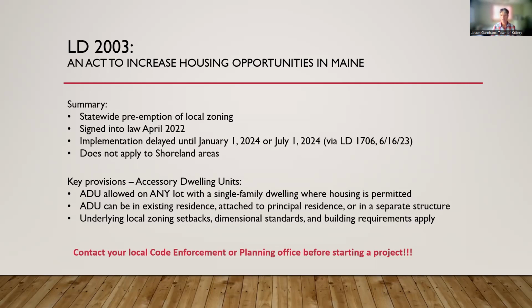Basically, as long as it meets the rules for building codes, health and safety codes, and building setbacks and lot coverage limits in your local zoning provisions, the state law makes it so that your local permitting body would have to approve them.